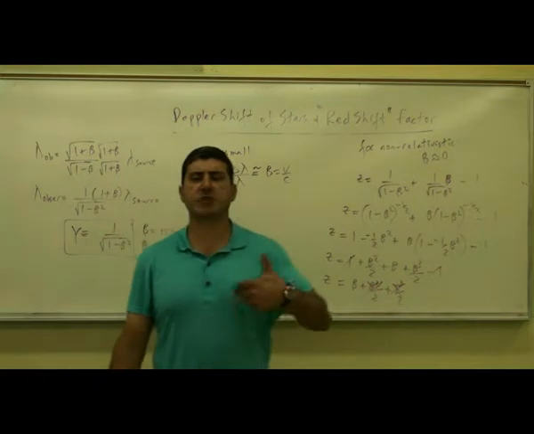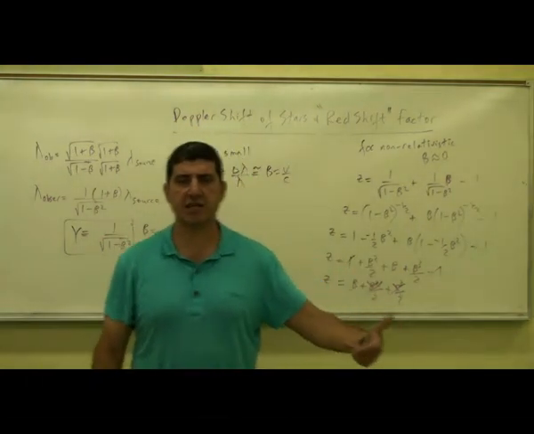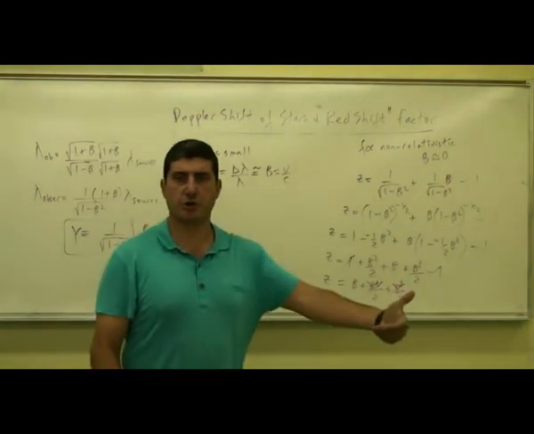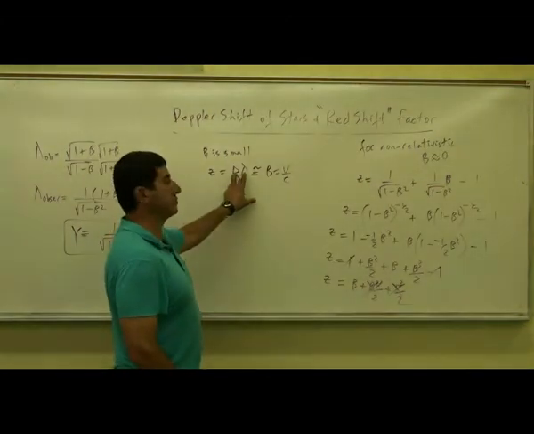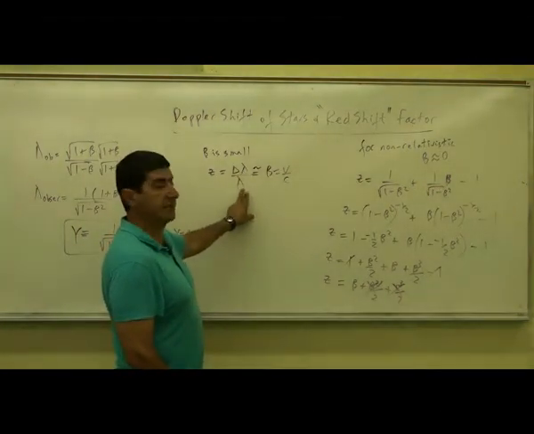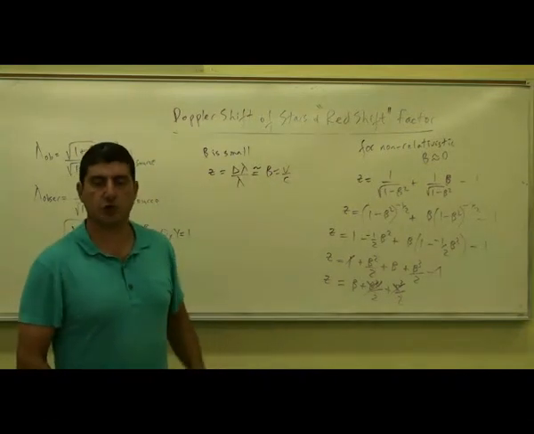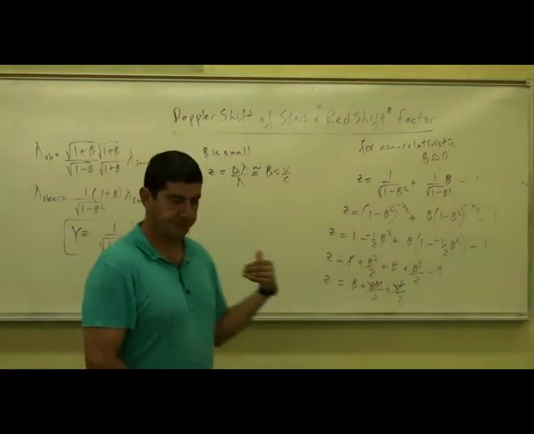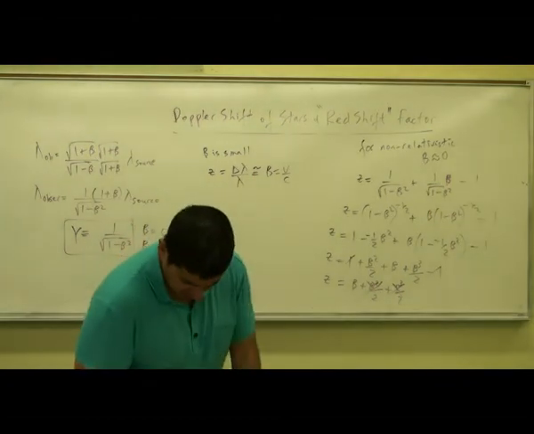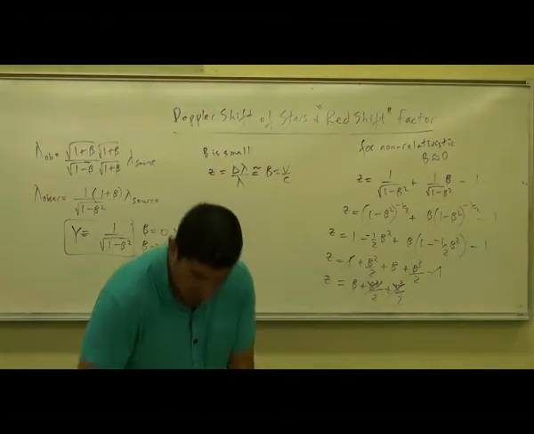So for objects that are going at non-relativistic speeds, if I want to know how fast they're going, I just do the change in the shift amount divided by the original, and then I can get how fast they are going.